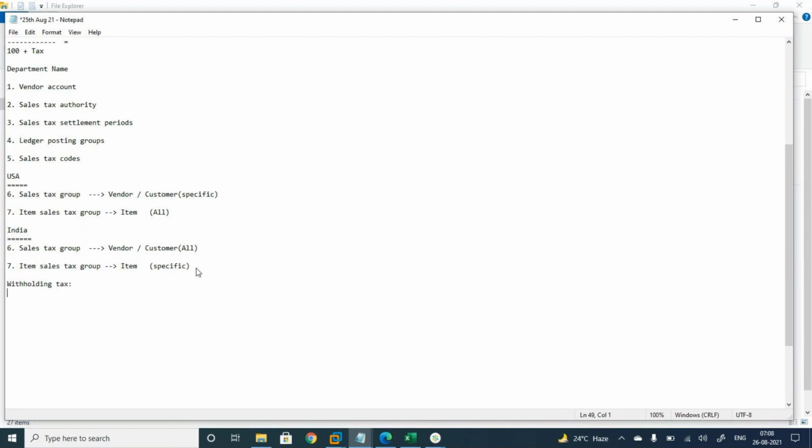Withholding tax. If it is a global withholding tax, it is simple. Whereas in India, it is TDS and TCS.